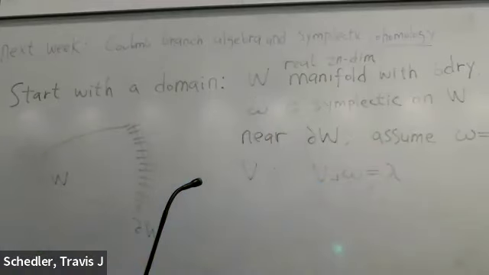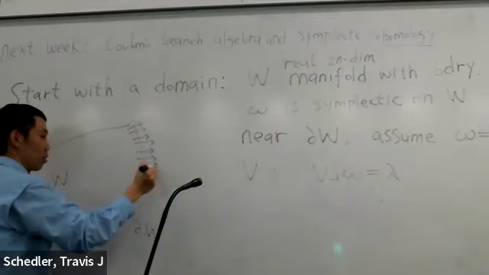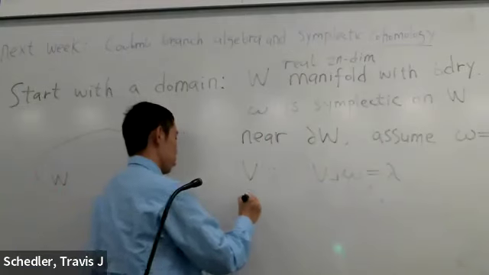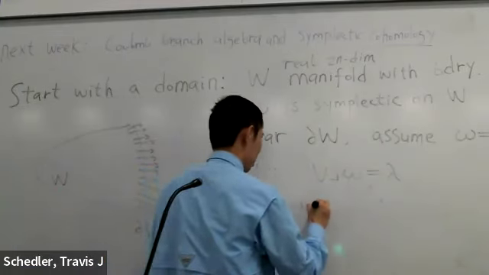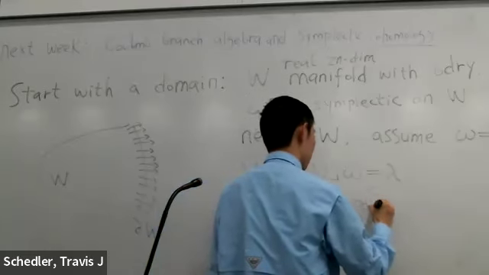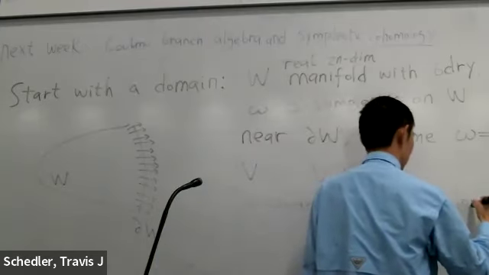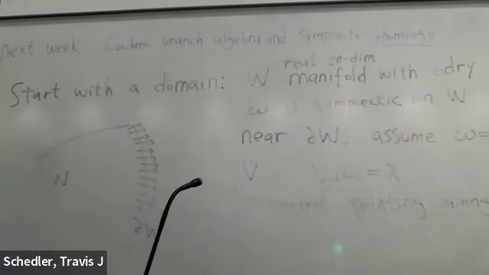And an extra condition is that we assume this vector field is always pointing outward along the boundary. So that's our condition on our manifold and the symplectic structure.